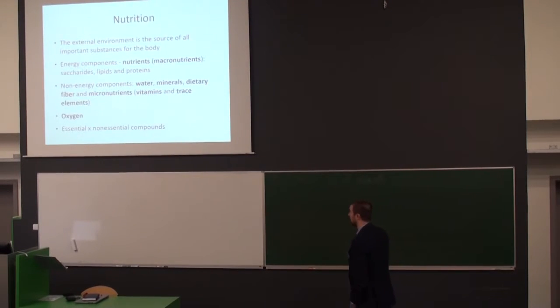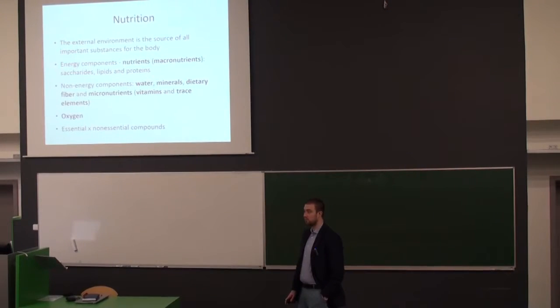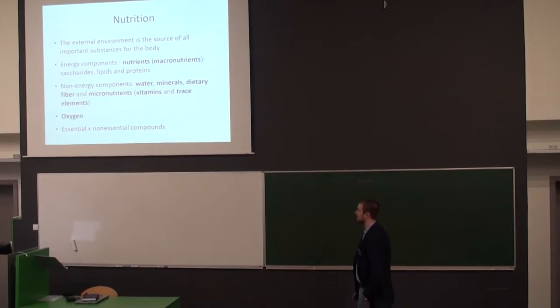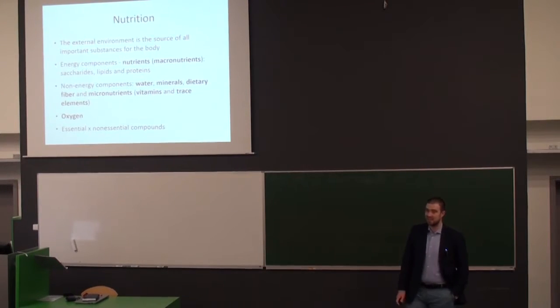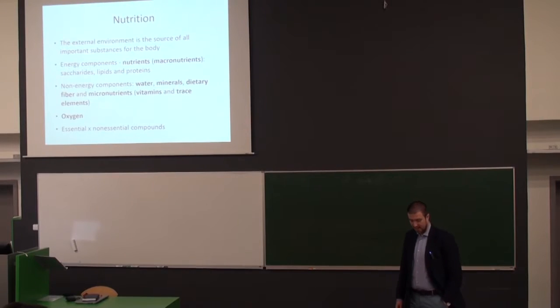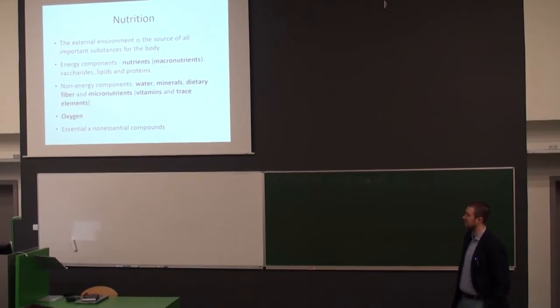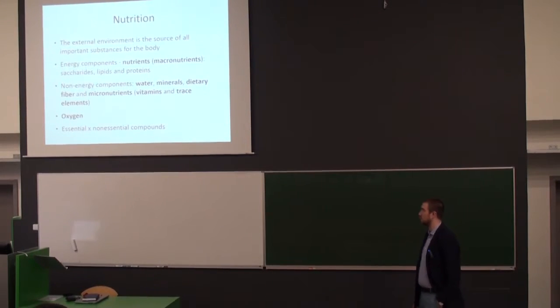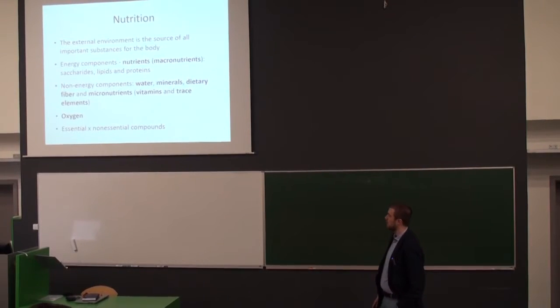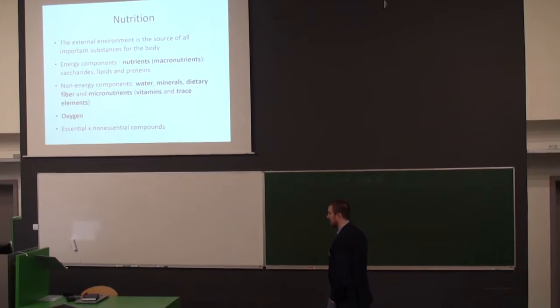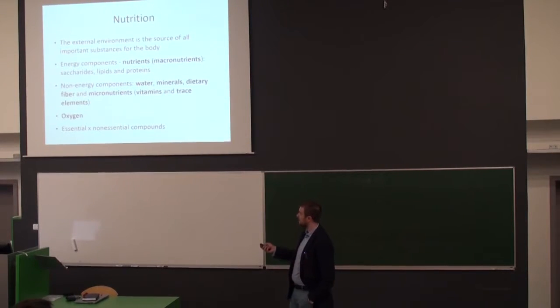So first, why do we need to have nutrients? The answer is quite simple, since they give us energy, plus the nutrition gives us compounds that we cannot simply synthesize. So from the energy components, we have the macronutrients, that means saccharides, lipids, and proteins.